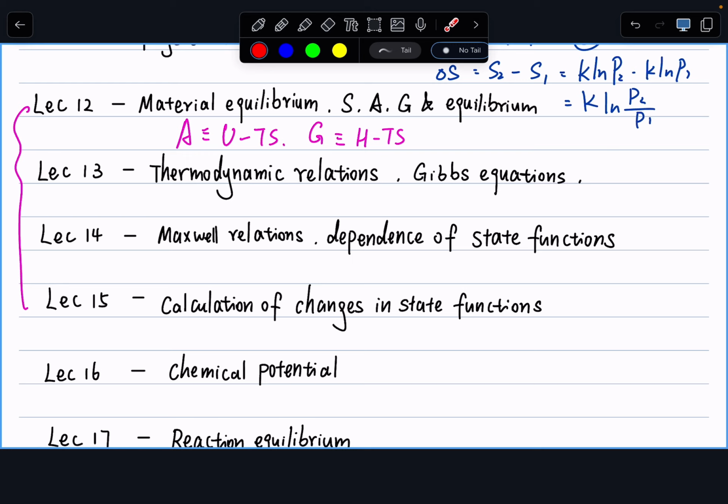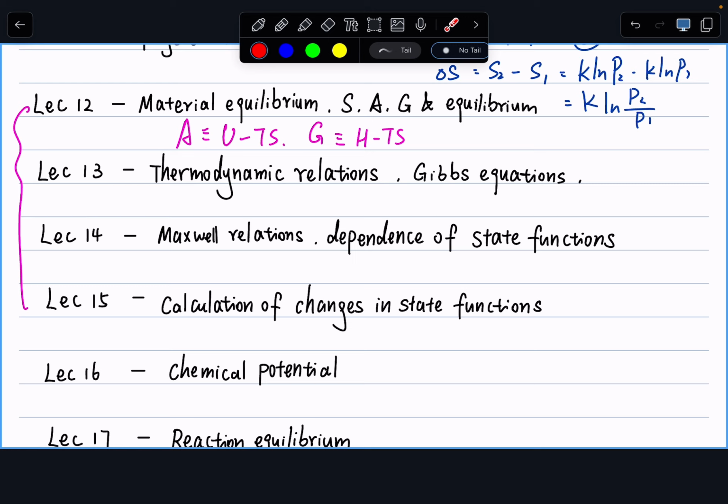G, right? And likewise, we could also ask you to say, hey, this is A, and we have an isolated system, constant T and V, and we can ask you to plot how does my Helmholtz energy change with respect to time at constant temperature and volume. And that's basically the same curve, and you can identify, hey, this one is our equilibrium.